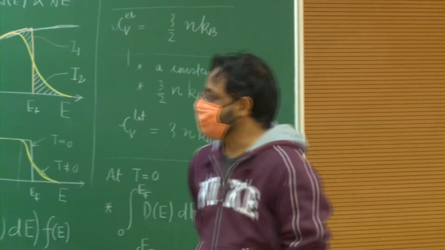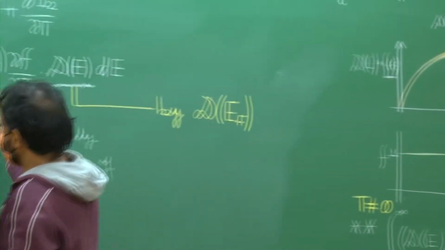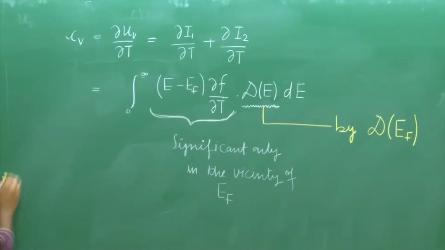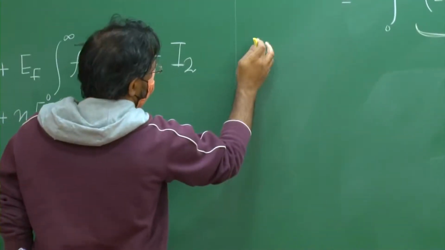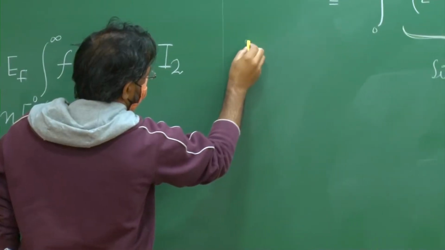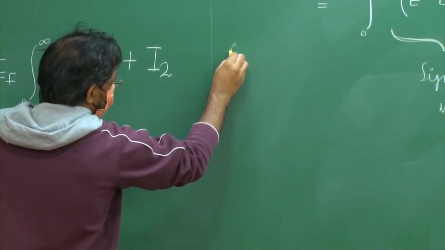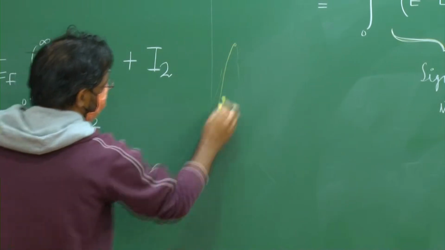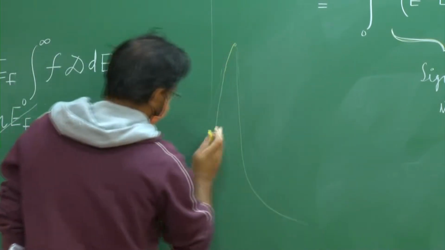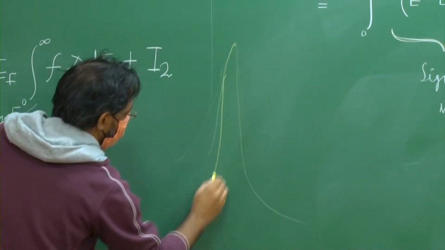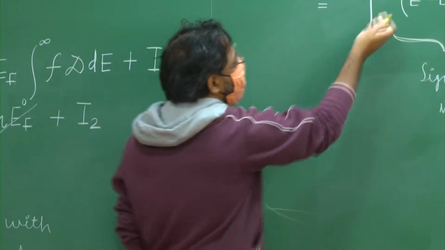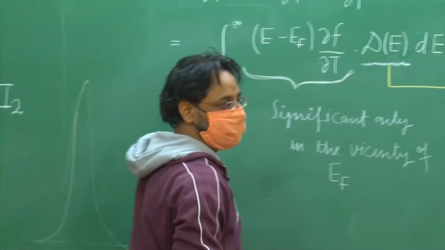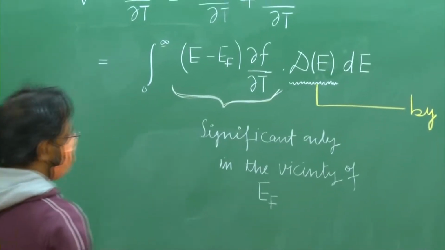There is no contribution, because this function is decaying so fast. This function basically looks like this. In fact, at E equal to EF it has a singularity, but otherwise it is a very sharply peaked function. It goes like this on either side. So, your integrand itself is 0. So, what will you get from this integration? Nothing, basically integrating around EF.